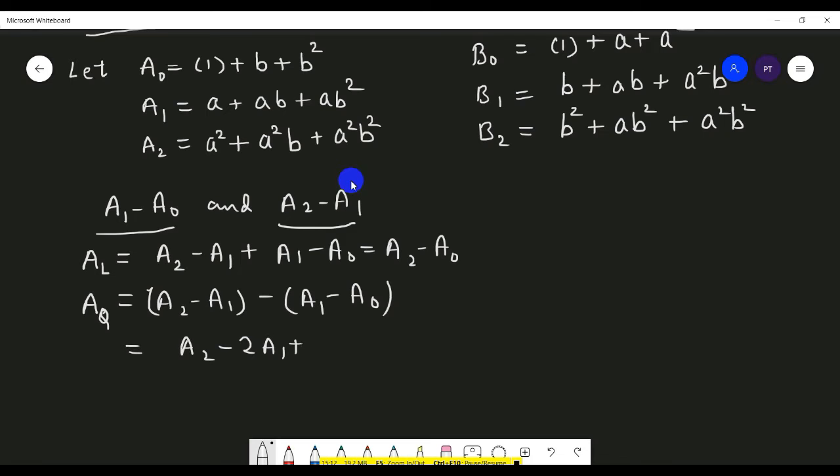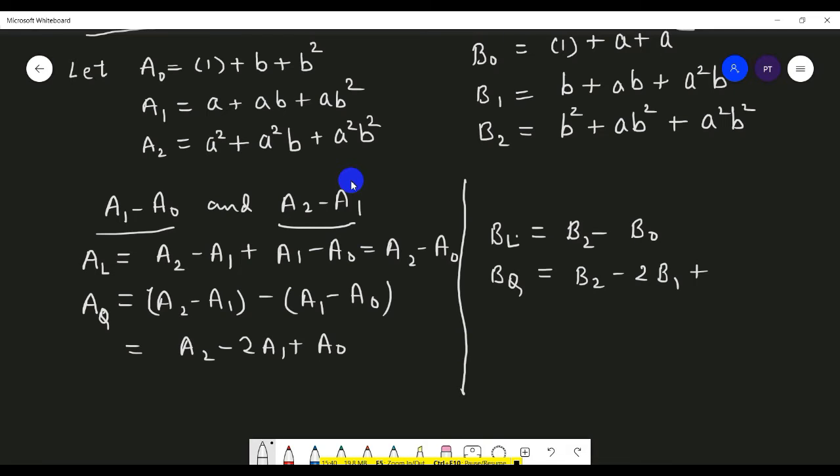and this is equal to A2 minus 2A1 plus A0. Similarly, the linear effect associated with main effect of B is B2 minus B0, and quadratic effect associated with main effect of B is B2 minus 2B1 plus B0.